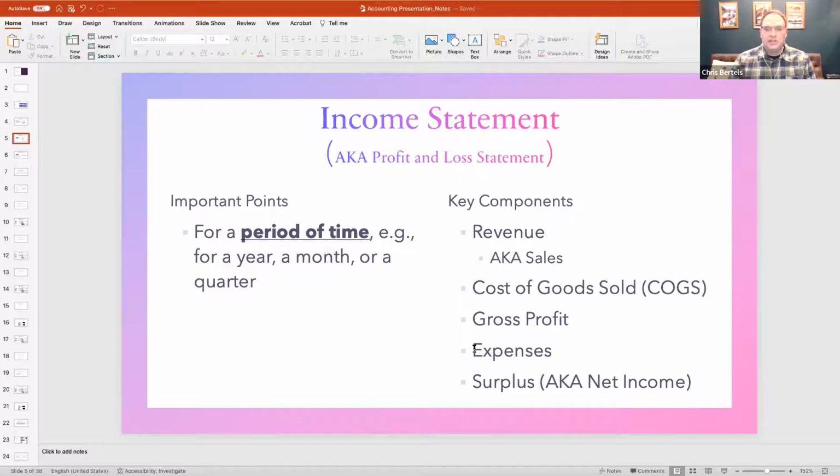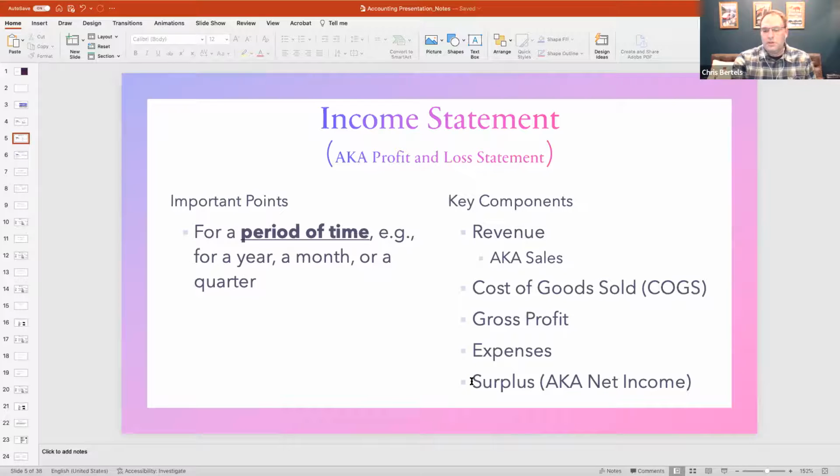So if you see an income statement or another accountant refers to some of these terms in different ways, it doesn't mean they're wrong. They're just using an alternative name. That actually creates a lot of confusion, I think, for new people that are not familiar with the terms. But I guess that's just the way it is.